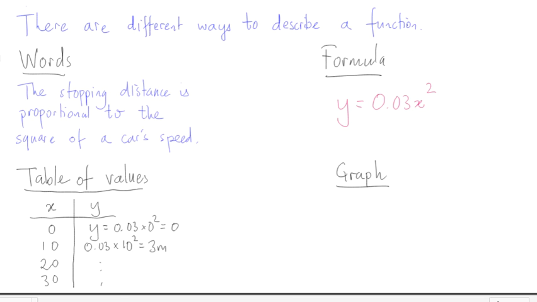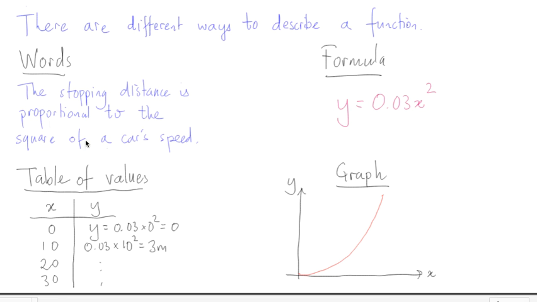And then, for the graph of the function, I have to put my function in a coordinate system. In this case, x on the horizontal axis and y on the vertical axis. And if I use a graphical calculator, or if I plot my table of values as coordinates and join them up, then I would get, in this case, a curve.